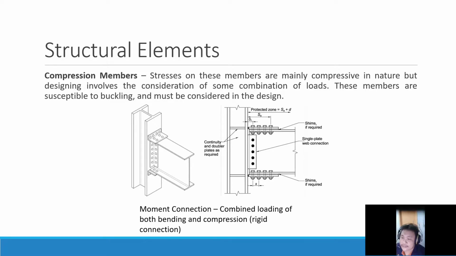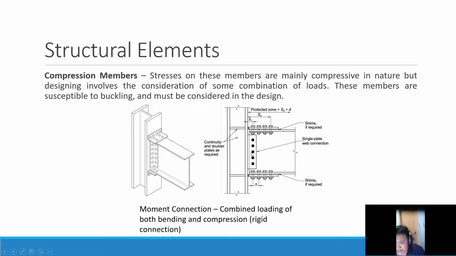They are susceptible to buckling, and in designing it must also be considered. For this part, as you can see, we have the moment connection for steel. Although our subject is structural theory, I will just introduce some very basic examples of connections in steel.